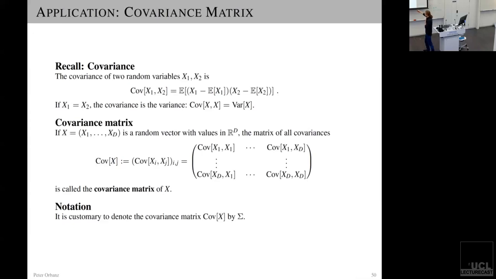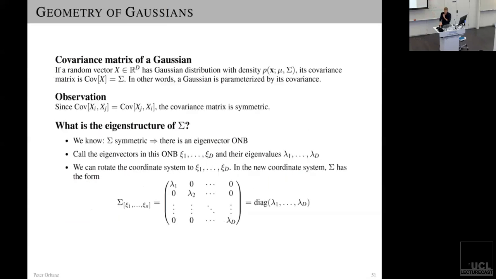Now you can see immediately, because this doesn't change if we flip the entries, that this matrix is symmetric, right? This value is the same as this value, and that's the same for every off-diagonal value. It's mirrored across the diagonal. So this is a symmetric matrix, and we now know that that means it has an interesting eigenstructure, right? So what is that eigenstructure? That is what we're going to look at now.